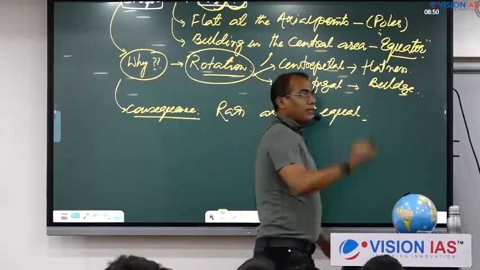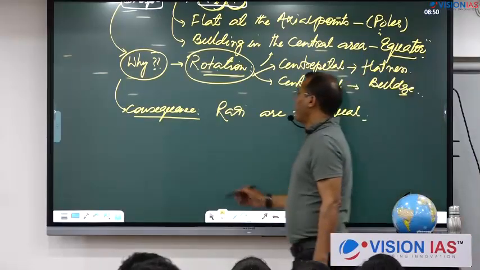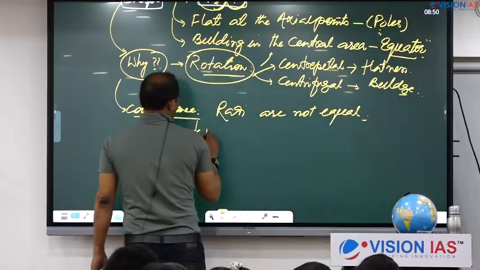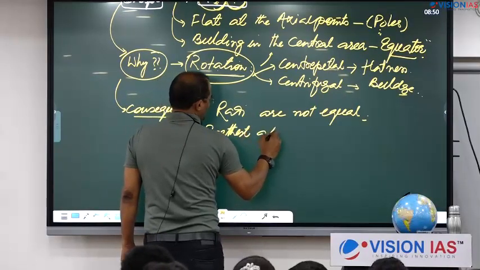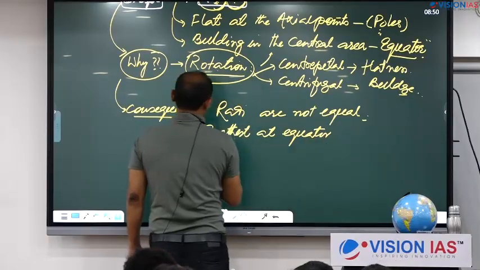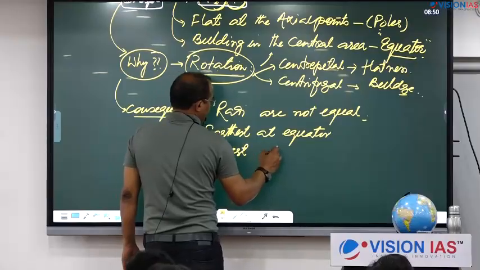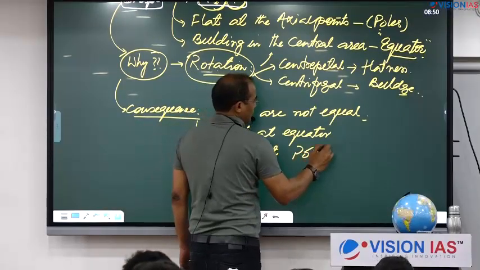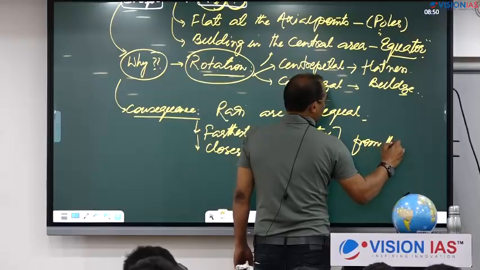That is, from the center of the Earth, every point is not equidistant. The farthest point is at the equator and the closest is at the poles, from the center of the Earth.